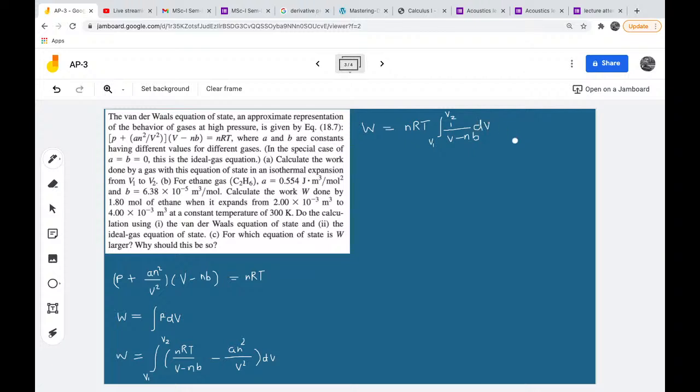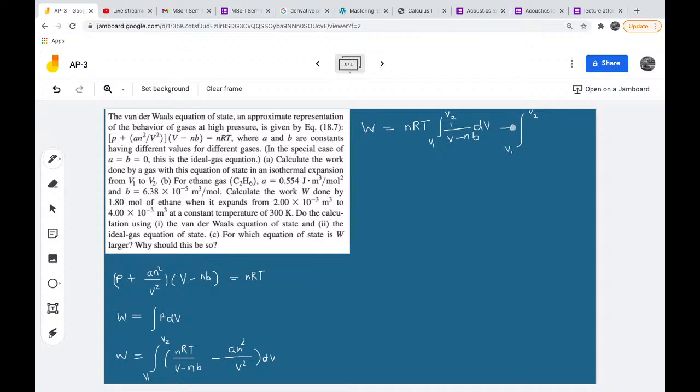I will open the bracket minus, and this is my second integral, V1 to V2, and an square is a constant. It could have gone out.